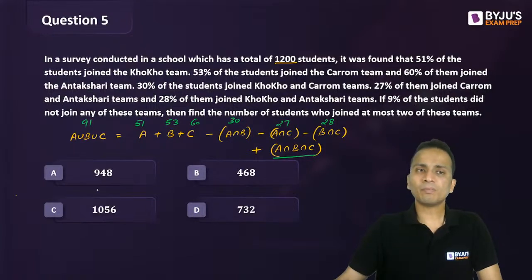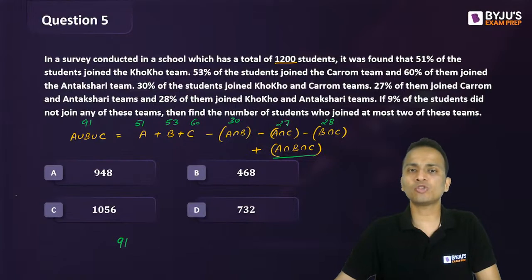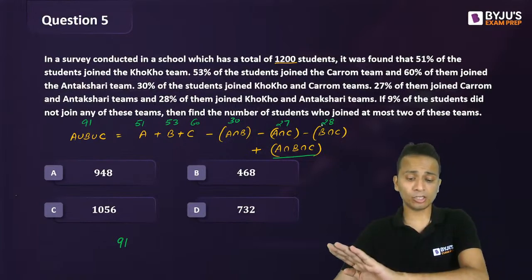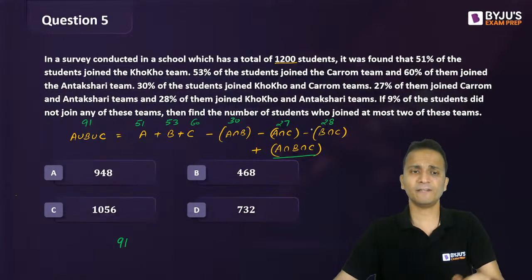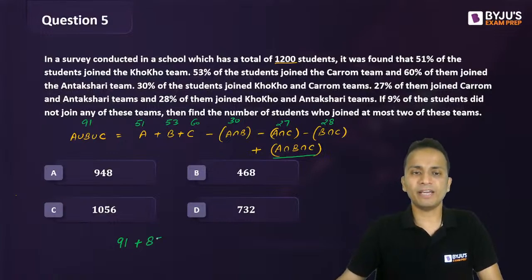So I'm writing it at the bottom. So on the left hand side, I'll keep 91 as it is. Then minus 30, minus 27, minus 28 on the right hand side, it will go to the left hand side. So 91 on the left hand side will be as it is, plus 55 and 30, 85, minus all these three, 51, 53 and 60.